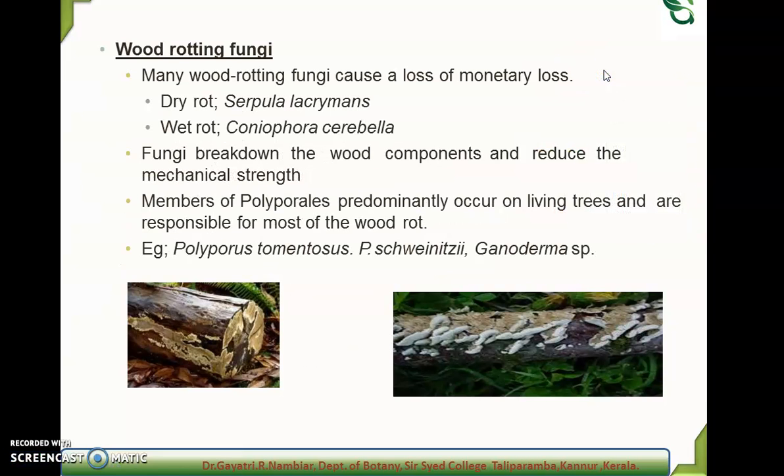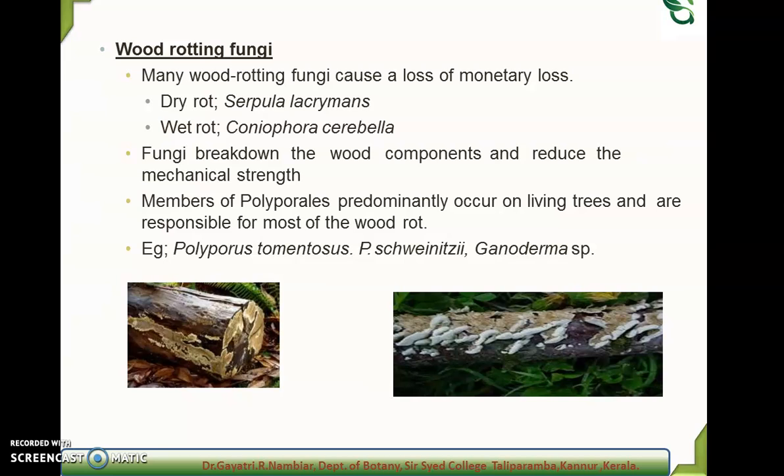Then wood rotting fungi. Another common example of the harmful role of fungi is wood rotting fungi. It is a common feature that we often see in nature, fungi growing on wood materials. They mainly cause dry rot, wet rot, etc. Fungi break down the wood components and reduce the mechanical strength of the wood.